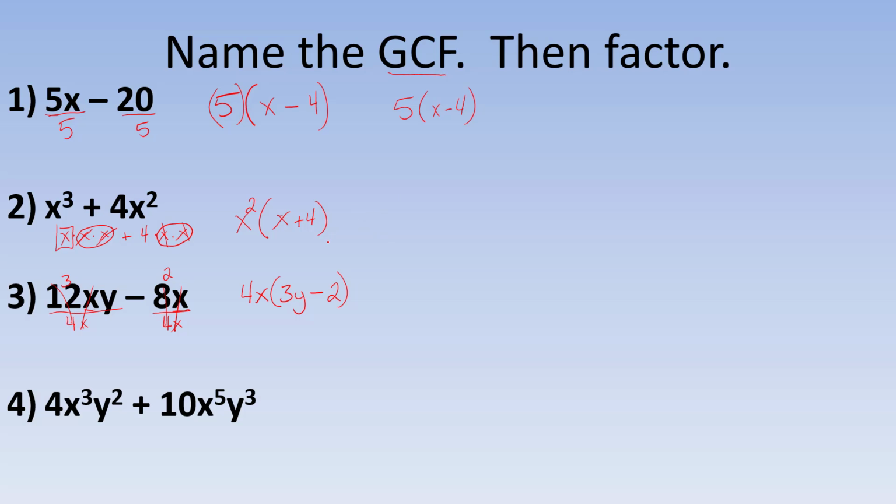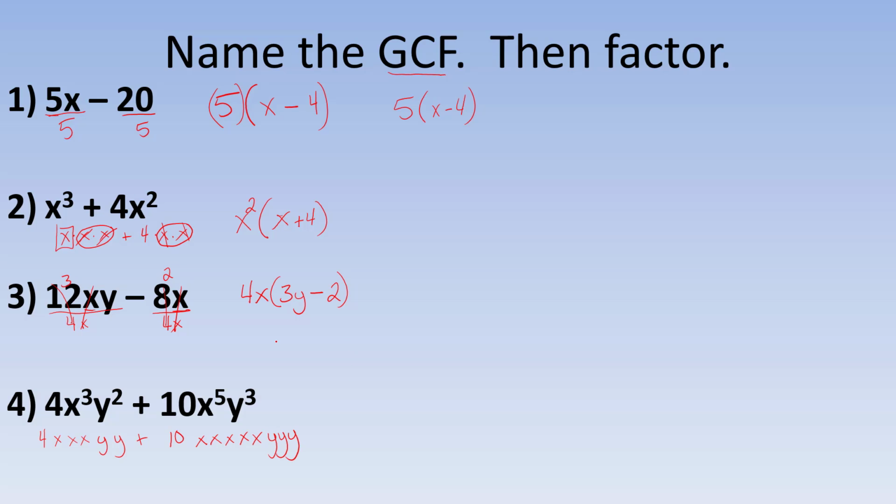Ooh, it's getting messier, isn't it? Well, let's look and see what we have. If you need to, again, write your solutions out in expanded form. 4 times x times x times x times y plus 10 times x times x times x times x times x times y times y times y.